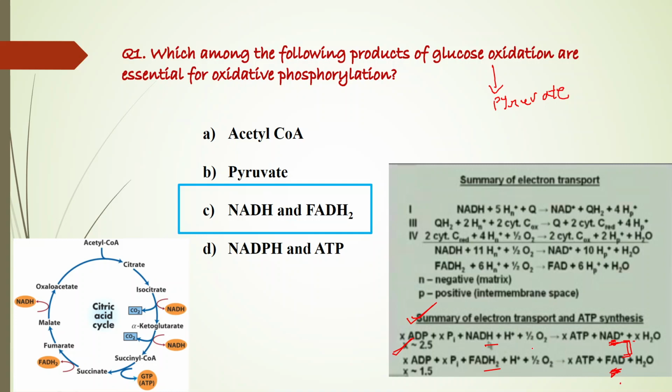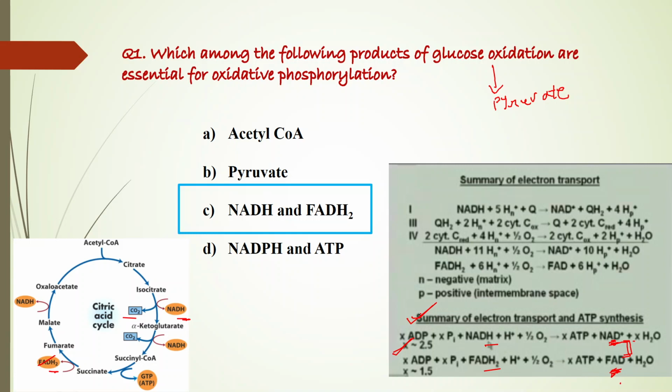So to do that, you can look at the overall glucose oxidation and citric acid cycle, where you have the formation of NADH and FADH2. That means these products NADH and FADH2, which are the products of glucose oxidation, can further help in oxidative phosphorylation.